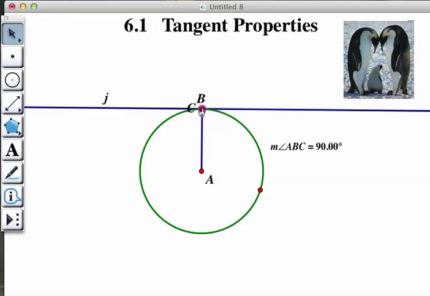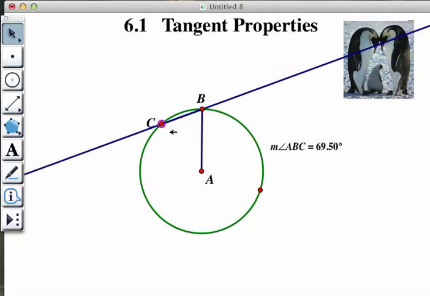So radius AB is a radius at the point of tangency. And the line that is tangent to circle A is perpendicular to this radius. So anytime I have a tangent line, if I draw a radius to the point of tangency, I make a right angle. That's the first thing we're going to learn about tangent properties.